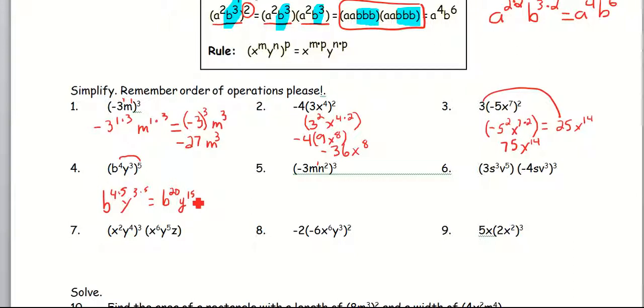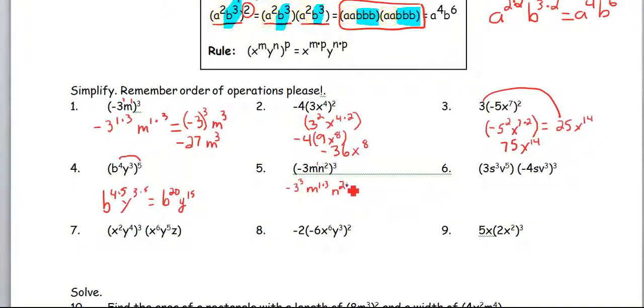All right, let's look at 5. Now if it helps you, you can put a 1 as your exponent right there for m. So I have negative 3, and I'm going to raise that to the power of 3, m, 1 times 3, n, 2 times 3.